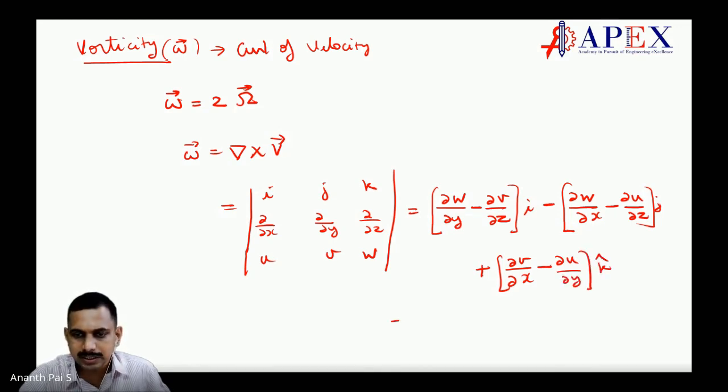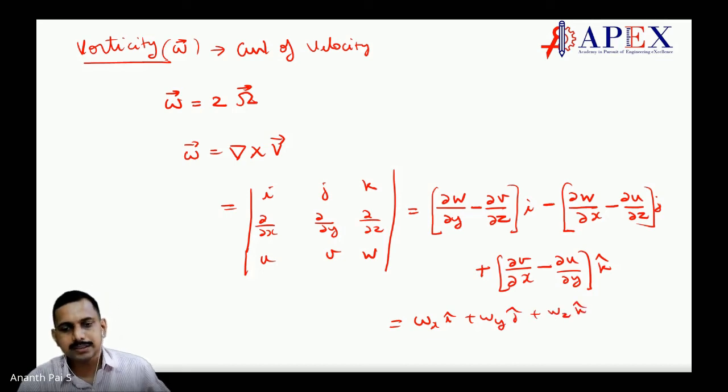So what is this? This is nothing but omega x i plus omega y j plus omega z k. Easy, students? Make sense?